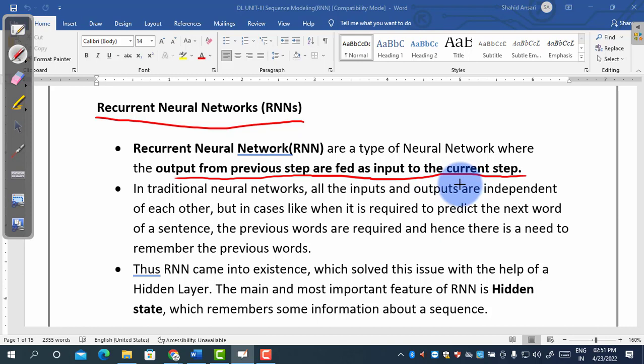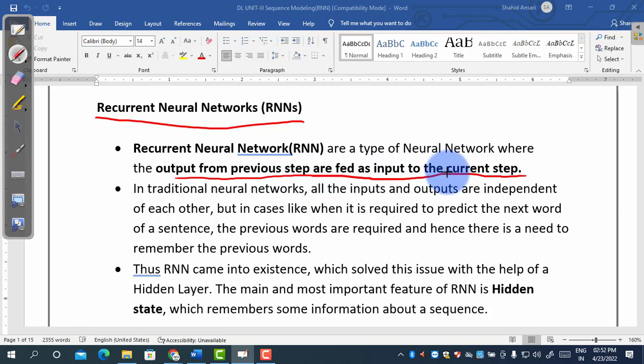That means the output of the previous step is stored somewhere. We have to store this previous step output, and when the next or the current step is executing, we will read the output of the previous step from the memory, and along with the current state we will send this output.